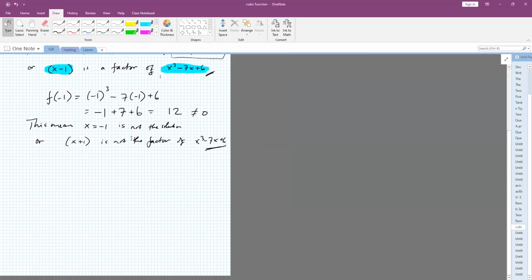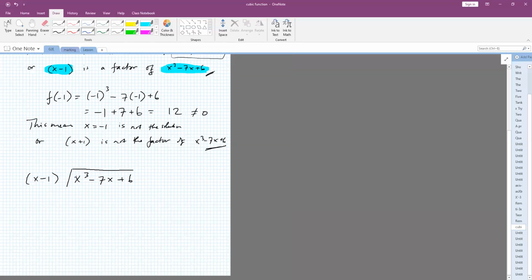This is very important. When you have x cubed minus 7x plus 6 and you want the other factors besides x minus 1, you do the long division. The way we do this is like what we did before.